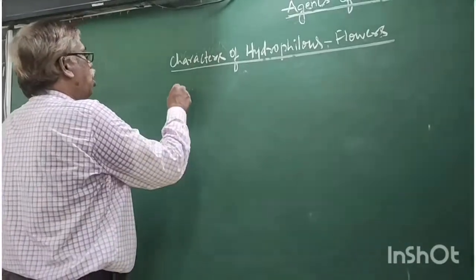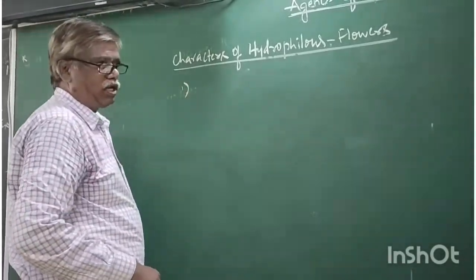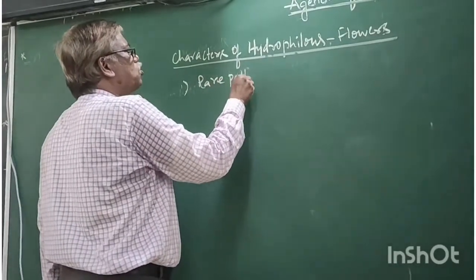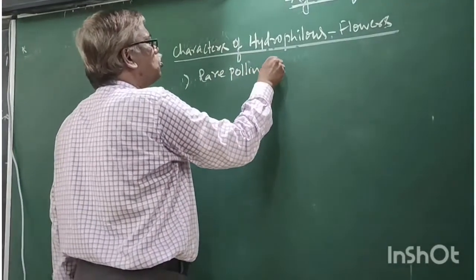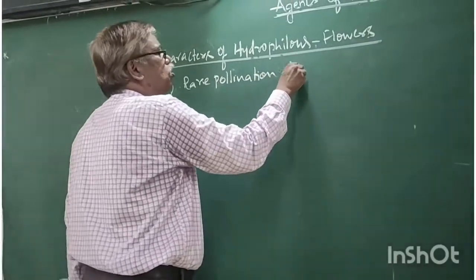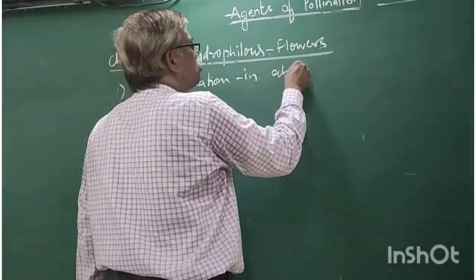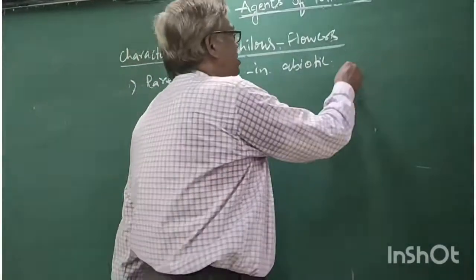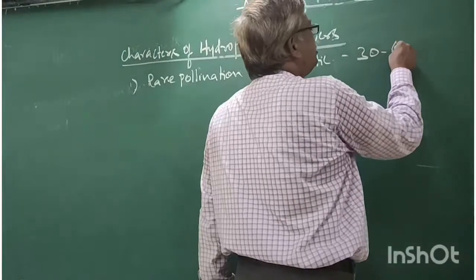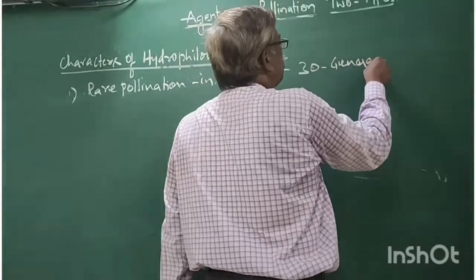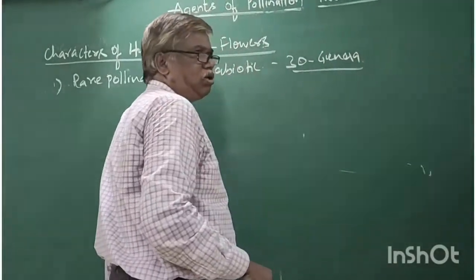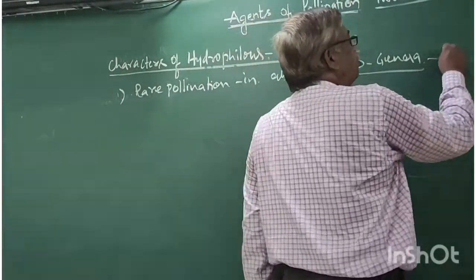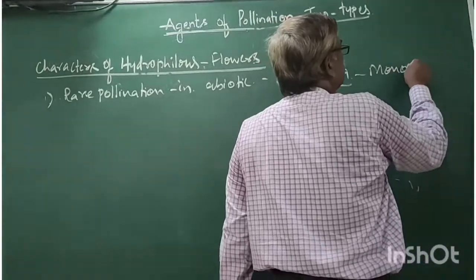Now, see, it is very rare pollination. In biota, generally only 30 genera. These 30 genera mostly belong to the monocotyledons.